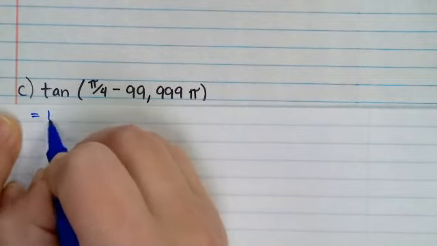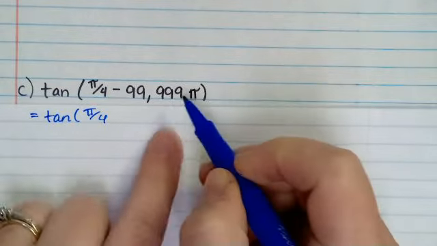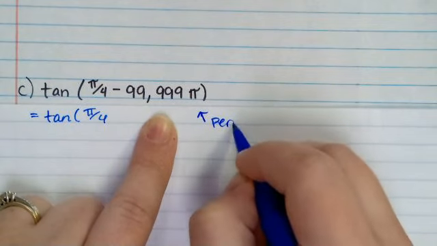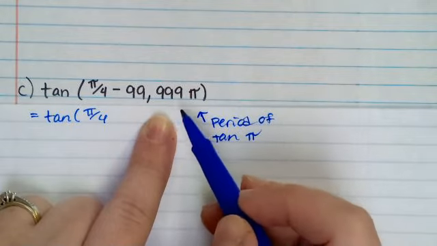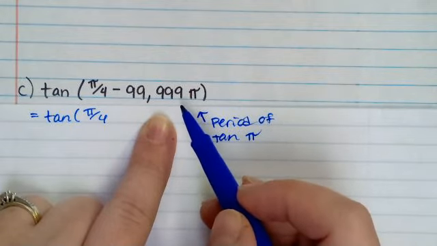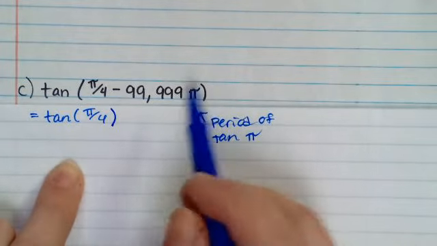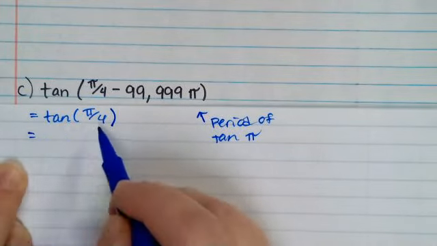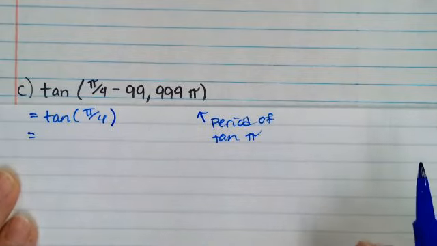So in this situation, we have tangent pi over 4, but because this is a whole value of pi and the period of tangent is pi, then every whole value of pi, tangent repeats itself, meaning I don't need this. It's kind of insignificant. Whether I had this value or not, my answer is the exact same because tangent would repeat itself. So here, I'm going to have tangent of just pi over 4. I don't need the whole values of pi that are extra.